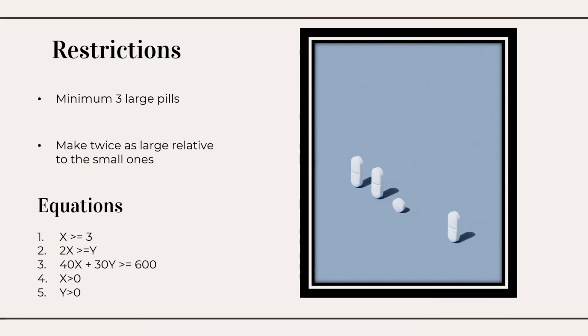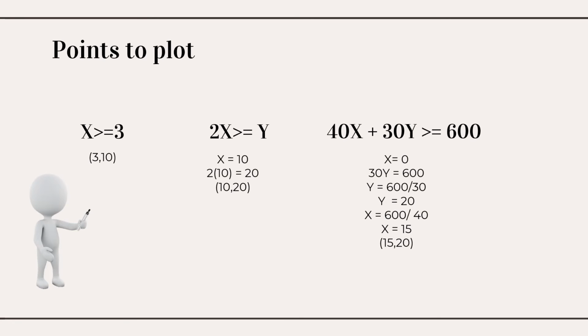The third and last restriction says 40x plus 30y is less than or equal to 600. Once the graph is plotted, the feasible solution area is obtained.